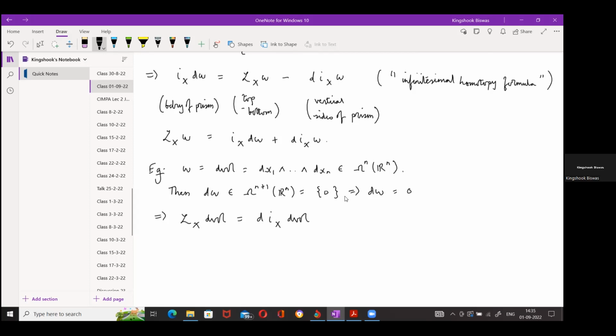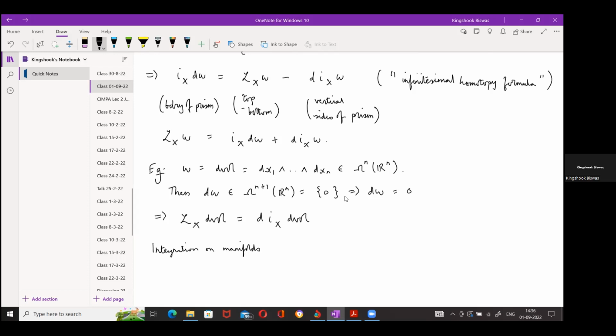So the last topic in this first part is about integration on manifolds, integration of top degree forms.